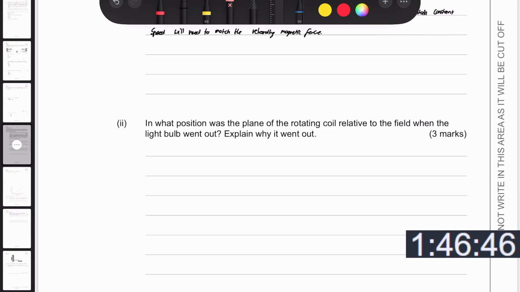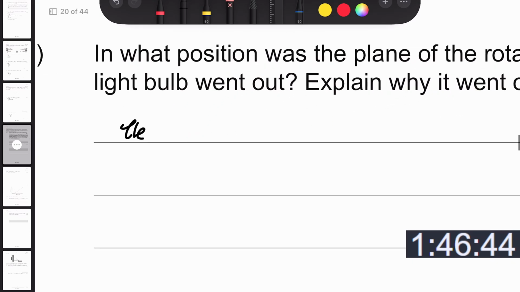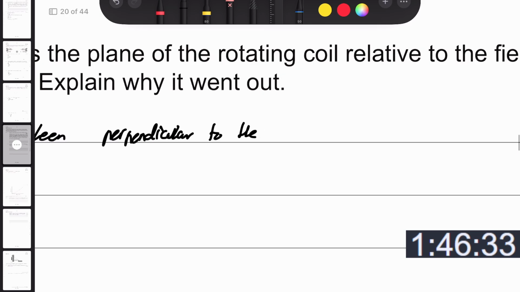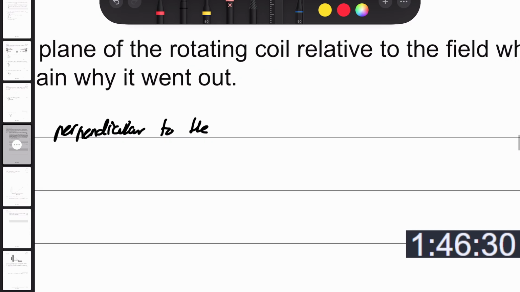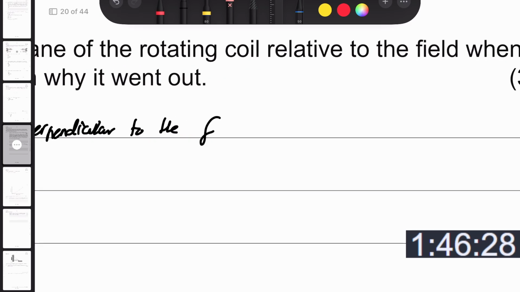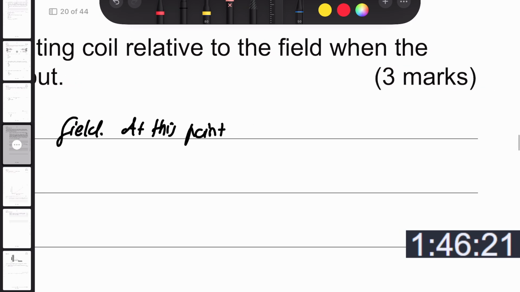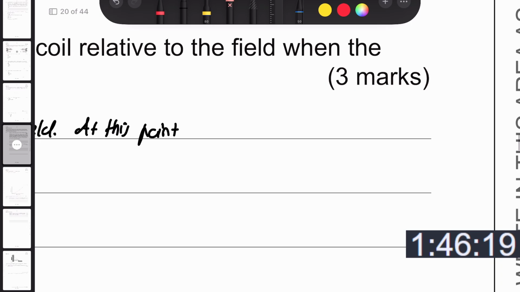The plane would have been perpendicular to the field at this point. The dθ/dt is at a minimum.